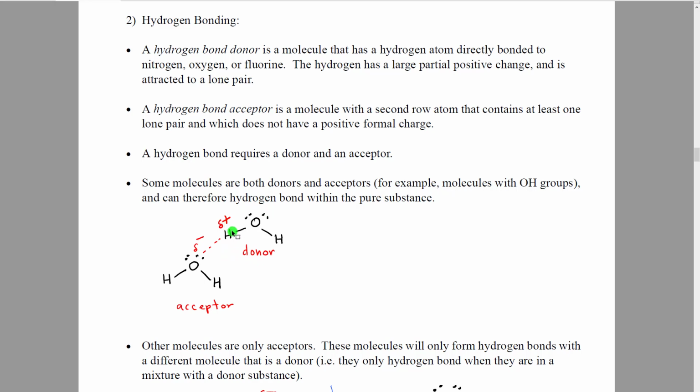It has a hydrogen with a partial plus. We have a second, separate water molecule. It has lone pairs. The lone pairs, because they're clouds of electrons, have a partial minus. And that partial minus from that electron cloud is attracted to the partial plus on the hydrogen.